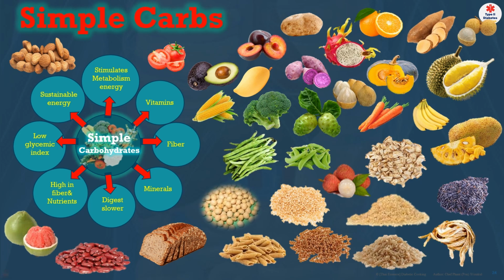Oh, the simple carb. Simple carb is pretty much straightforward. I already explained that. So this picture I want to show you is simple carb. This is all fruit, vegetable, or raw ingredient, but they have some ingredient that is manufactured with it. But this thing here, like pasta, like bread, like noodle, it's not the simple carb.